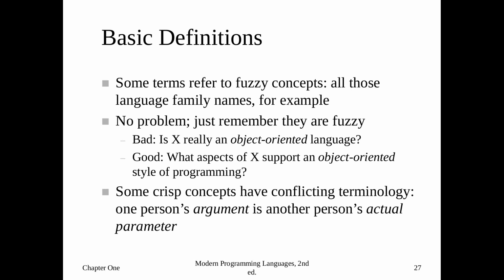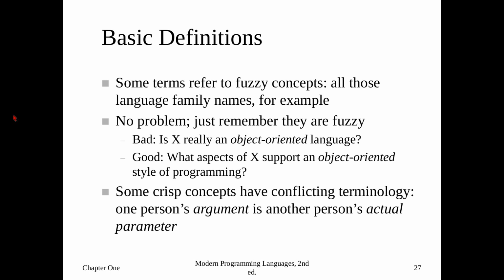This concept of basic definitions is really interesting, because then we get into issues like, is it really an object? When you start dealing with fuzzy concepts and language family names, the more interesting question is whether X is really an object-oriented language.